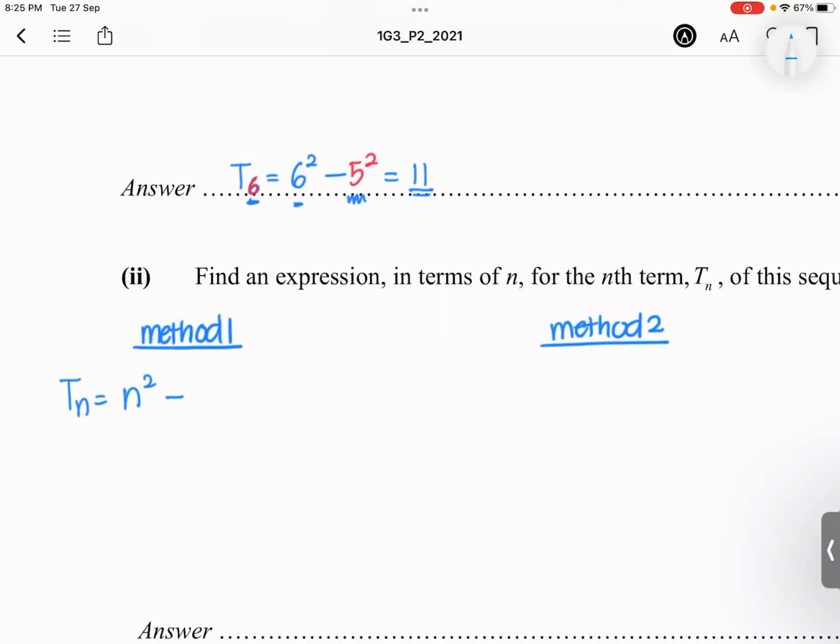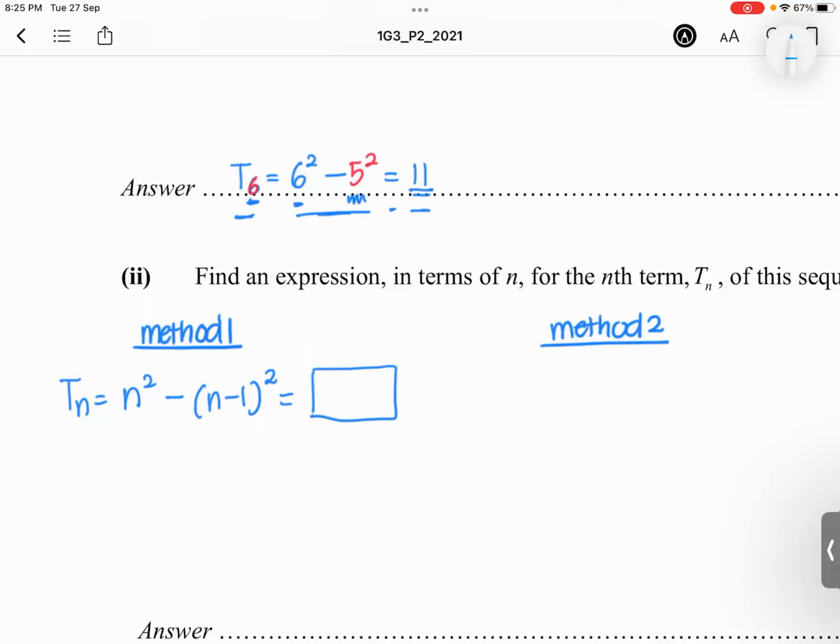Suddenly no answer. How did I get 5 from 6? Hello? 6 minus 1. Yes, n minus 1, correct. So I get n minus 1, whole thing squared. But this is not a full expression. Remember, Tn is something something squared equal to a number.